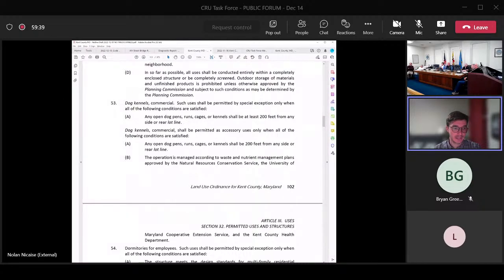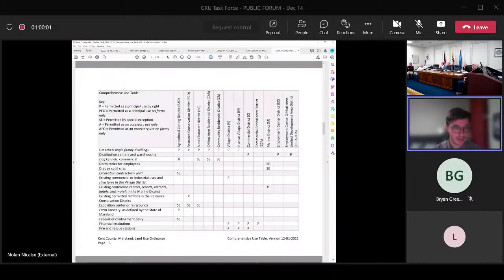And so it lists some conditions for dog kennels. Such uses shall be permitted by special exception only when all of the following conditions are satisfied, and such uses shall be permitted as accessory uses only when all of the following conditions are satisfied. So there's 2 different categories there for dog kennels. Because as we see in the table, for dog kennels, there's an A for accessory, and then the others are special exceptions. So these changes were made to increase the usability of the code.